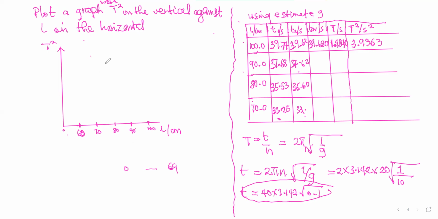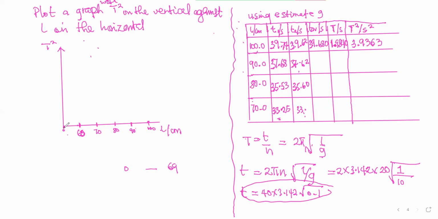If the instruction of the graph says plot a graph of T squared on the vertical against L on the horizontal, starting both axes from the origin, ladies and gentlemen, I cannot break the axis. I must compulsorily start from 0. So my axis must be continuous.